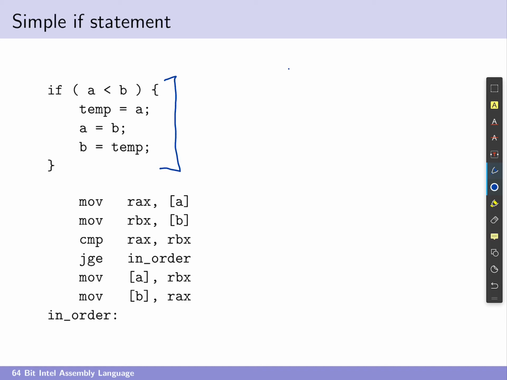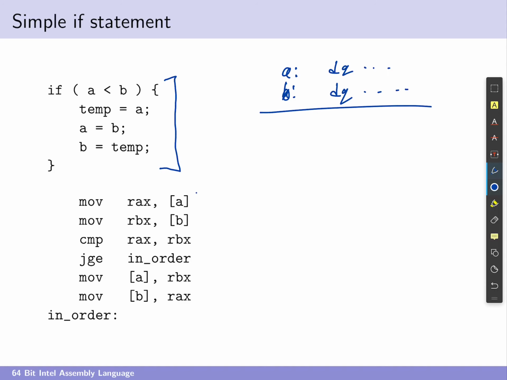Okay, so straightforward enough, and for the sake of this example, assume that both A and B are data quads with some corresponding value in your data section. Okay, so with that in mind, let's try and recreate that C-like if statement in assembler.